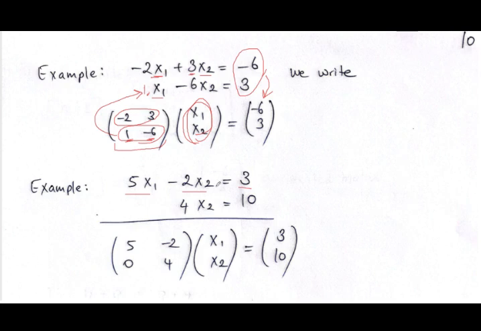Instead of writing these equations, we can write down the coefficient matrix, which has the coefficients 5 and minus 2, and then 0 times x1, so the first coefficient is 0, and then 4. Here we have the unknown variables x1 and x2, and on the right-hand side we have the vector 3 and 10.